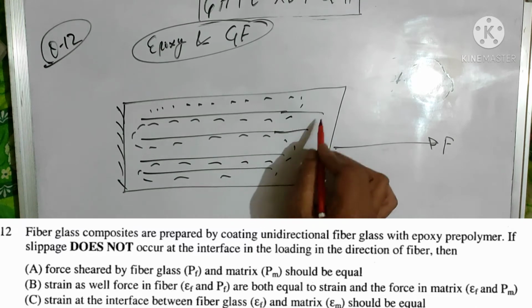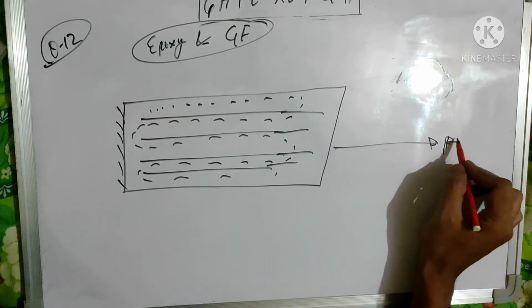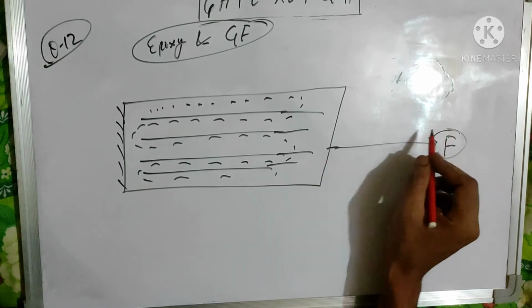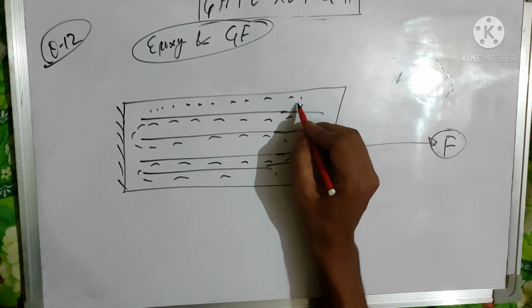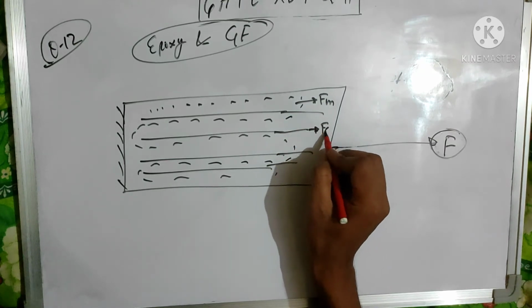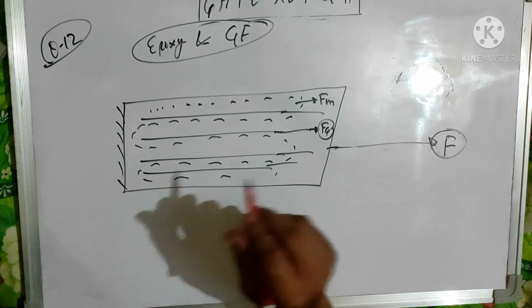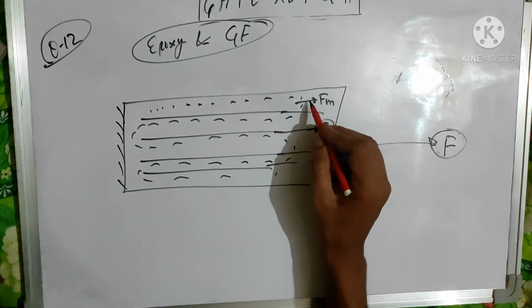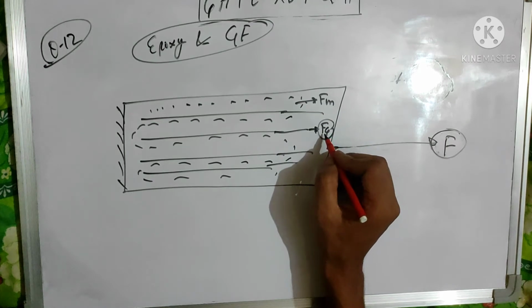When external forces are applied on the polymer composite, these forces are distributed on the polymer matrix and on the glass fiber. You can see that when these forces are applied, they are distributed on the polymer matrix and glass fiber.